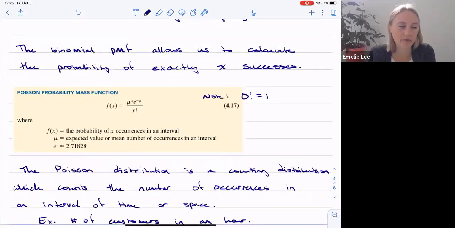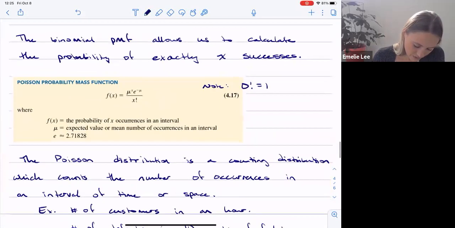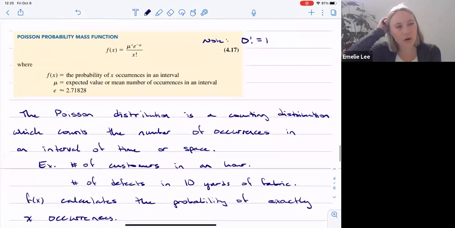Just in case you would ever need it. I don't think so, but it doesn't hurt to know. The more you know. Okay. So those are the most common discrete probability mass functions.